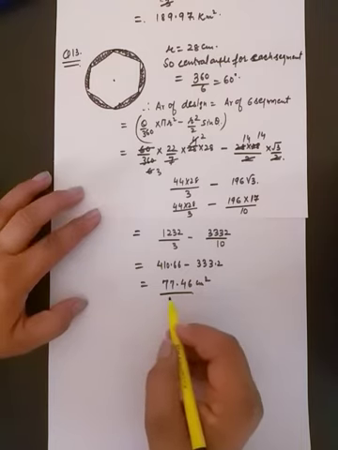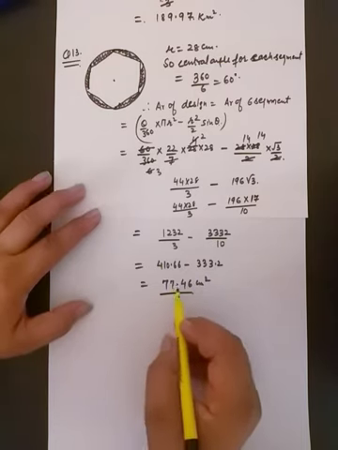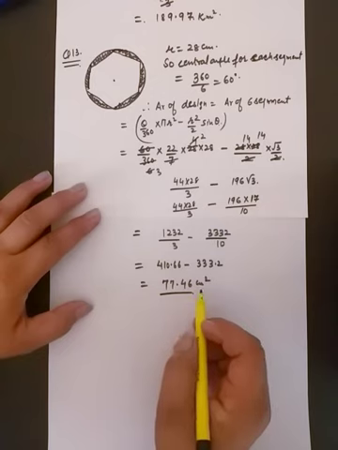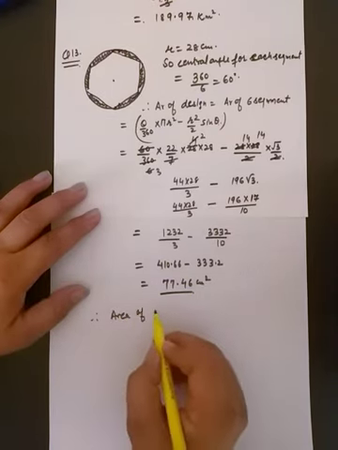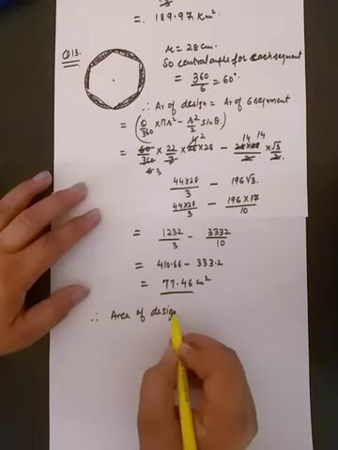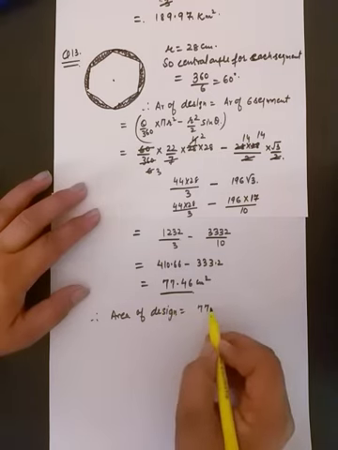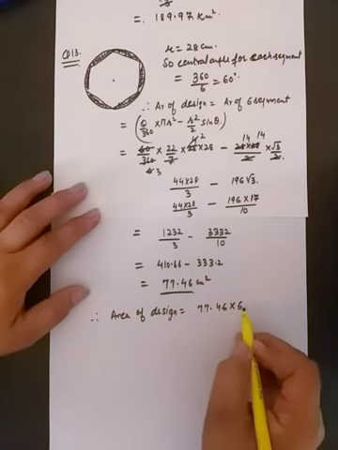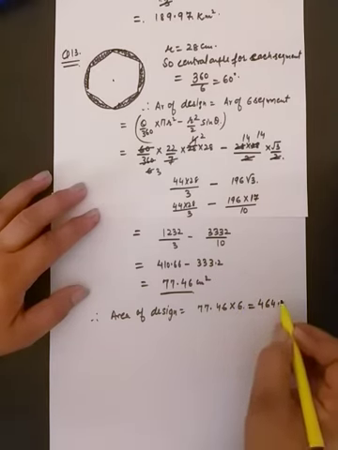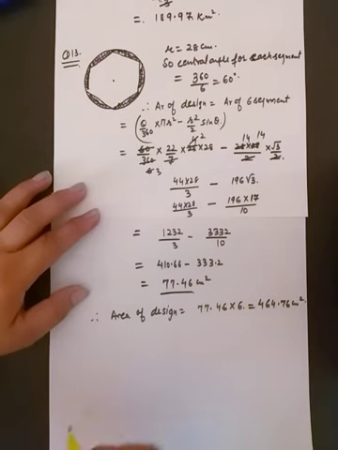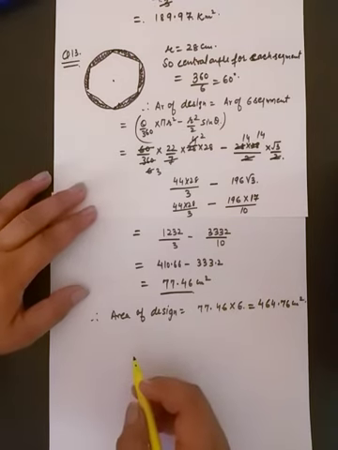And because 6 segments are there, we have to multiply it by 6. So therefore area of design is 77.46 multiplied by 6 and it will be 464.76 centimeter square.